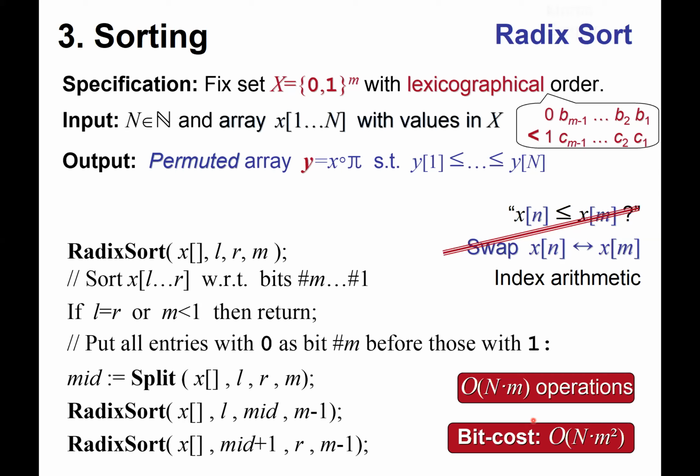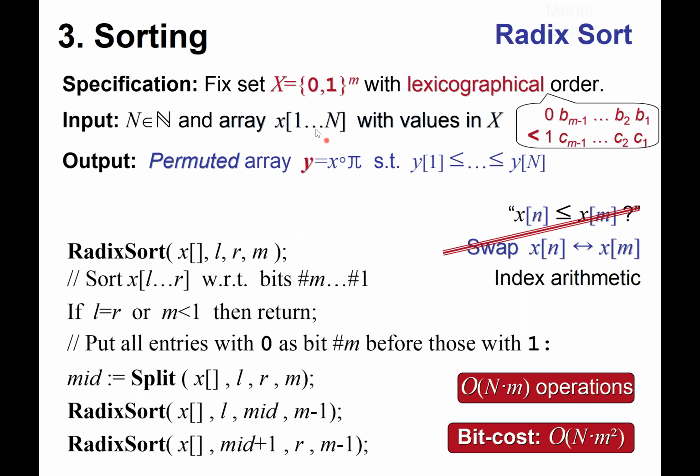So multiplying the original unit cost analysis, counting the number of operations, each operation incurs bit cost small m, so multiplying everything with small m, that gives this bit cost n times m squared. So that's our second non-comparison based algorithm.